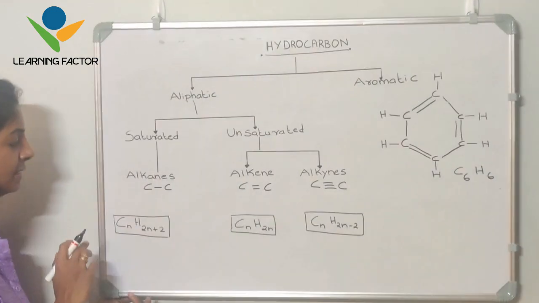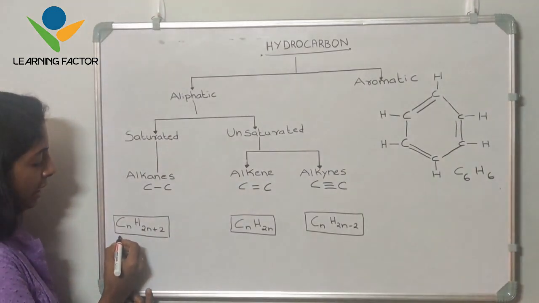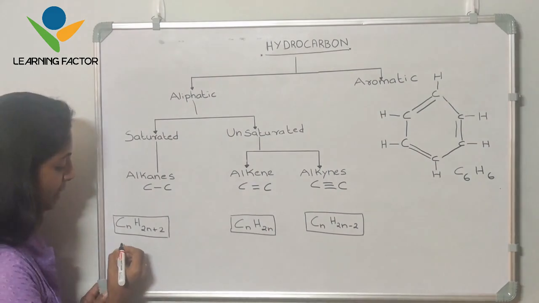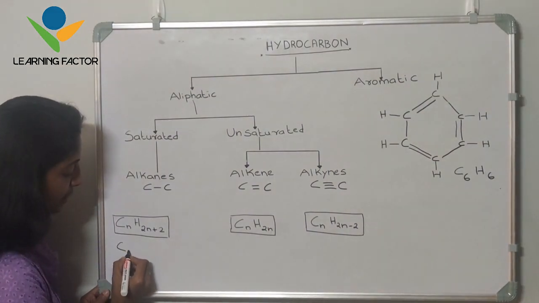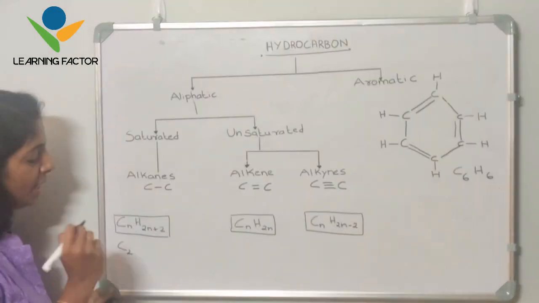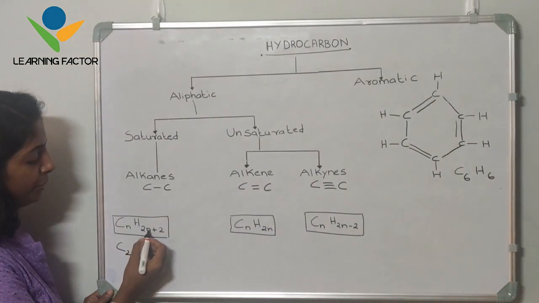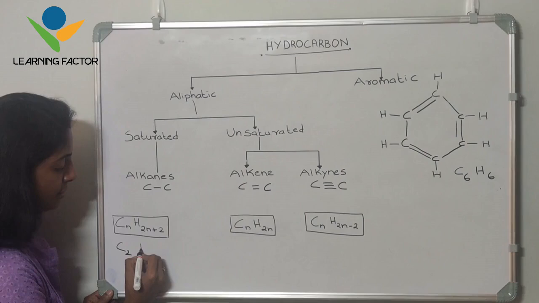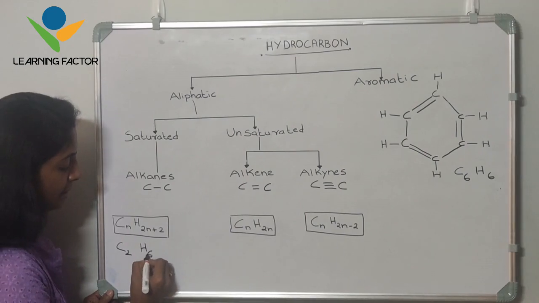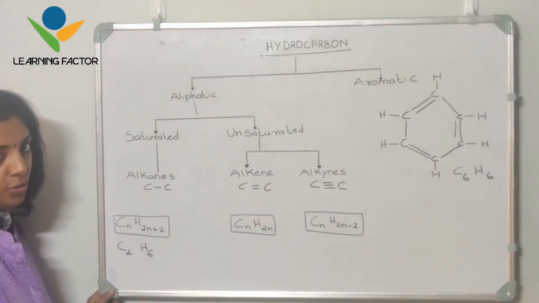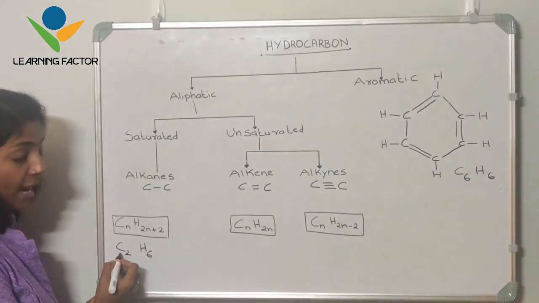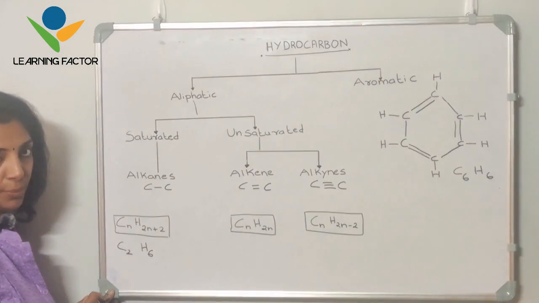For example, consider a compound having 2 carbon atoms, so n will be 2. What will 2n+2 be? 2 into 2 is 4, 4 plus 2 is 6. So this is an alkane having 2 carbons.